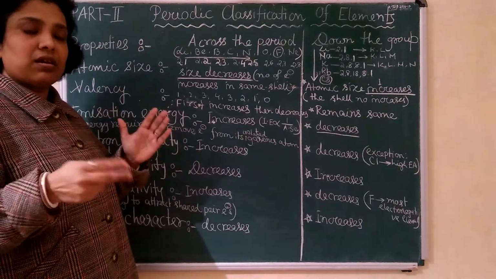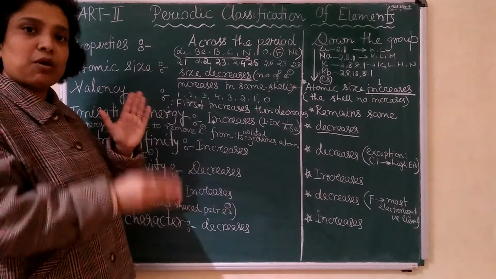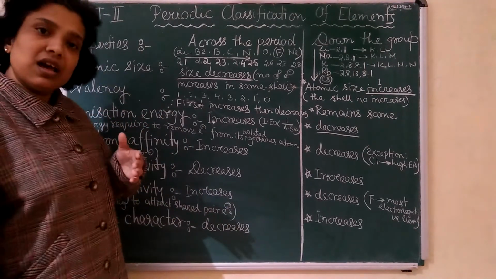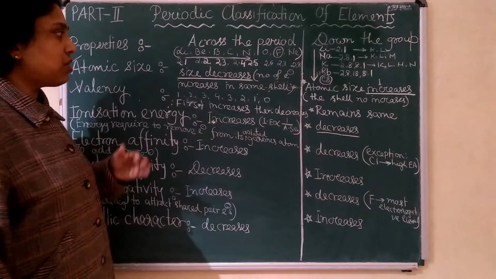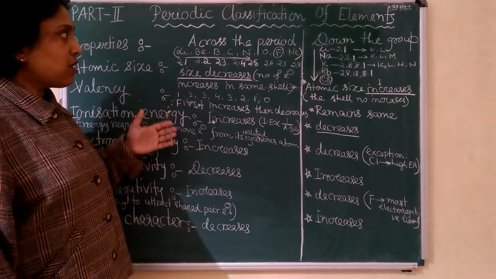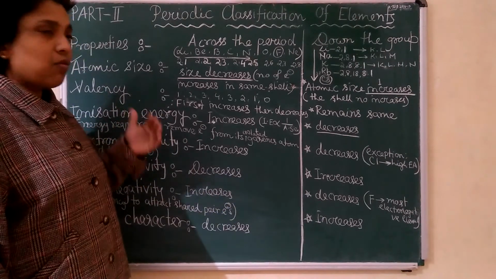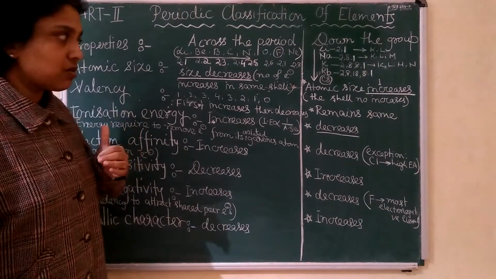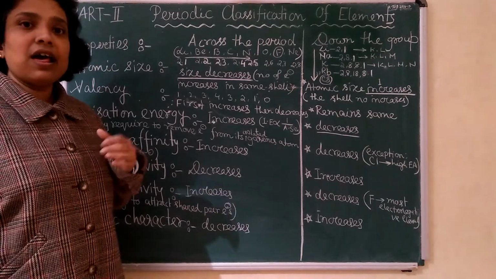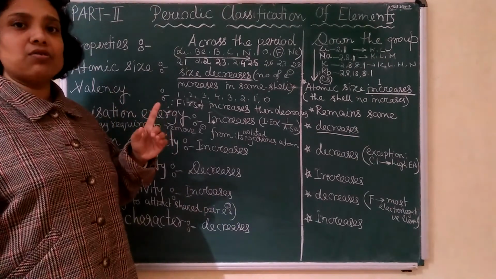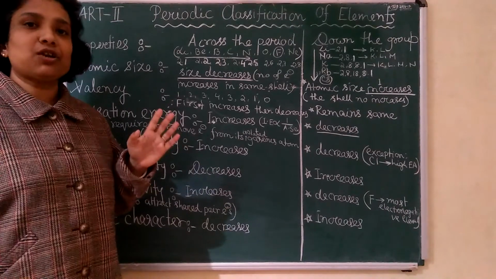Then you will remember which properties are increasing and which are decreasing. There are many ways you can remember. Now for today, you have to make this chart and try to understand whatever things I have discussed.